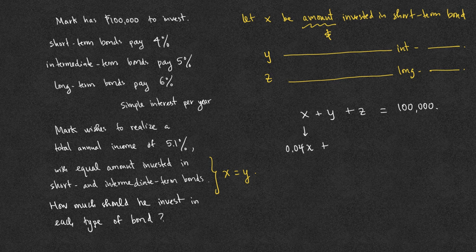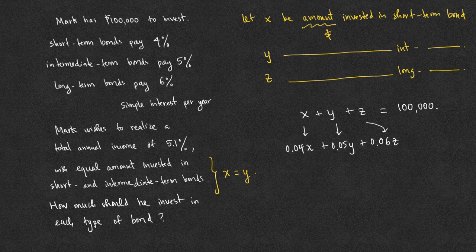The interest in the intermediate-term bond is 0.05 Y, and the interest in the long-term bond is 0.06 Z.